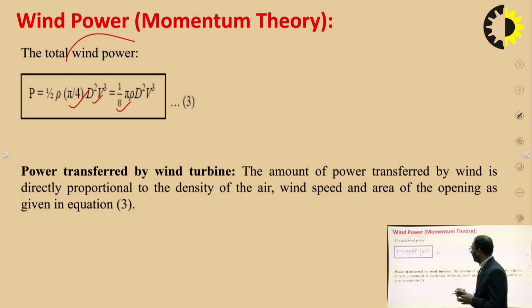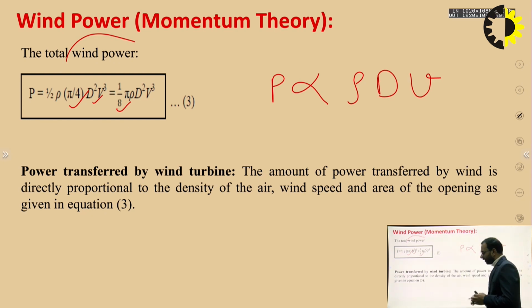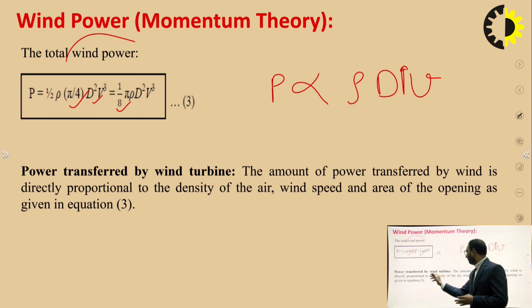Here we can see that the total wind power P is directly proportional to the density of the air, the diameter of the blade, and the wind speed. If we increase the wind speed, we can get maximum wind power, and if we increase the diameter of the blade, we will also get maximum wind power. So what is the power transferred by a wind turbine?